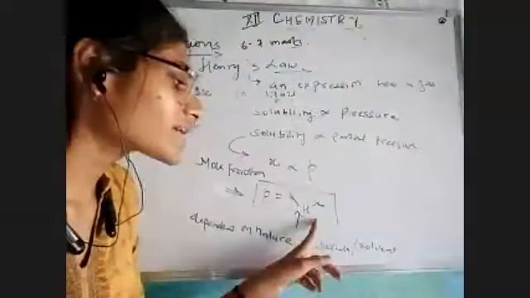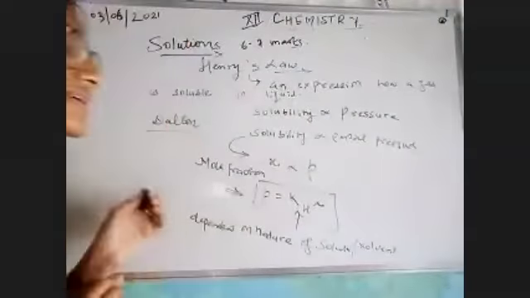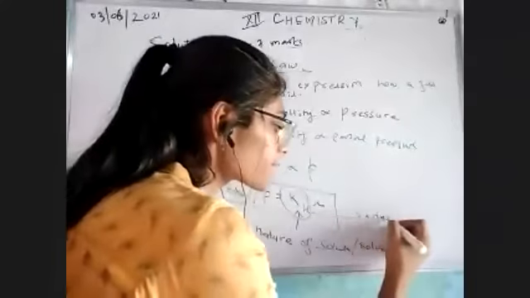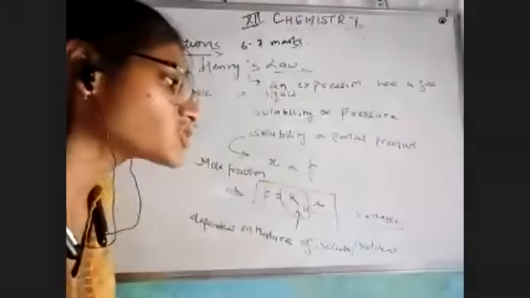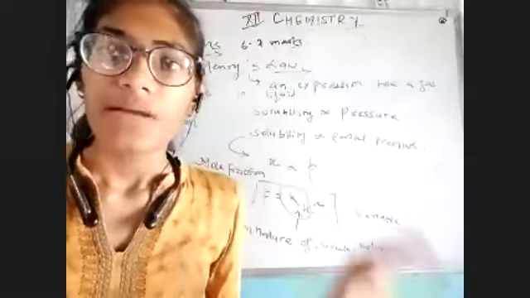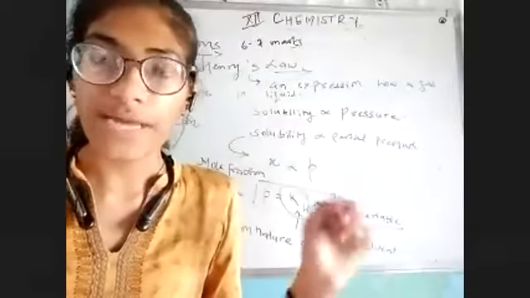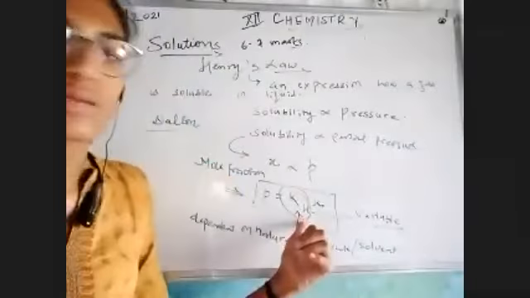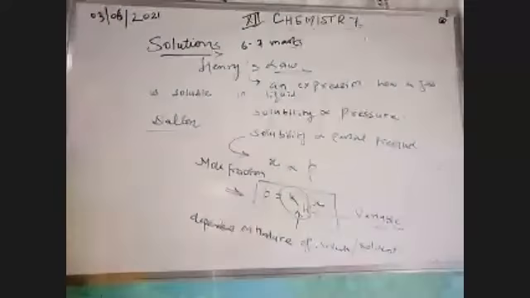It is variable, it's not a constant. The value of KH keeps changing due to the change in nature of solute or solvent. But the best point is, if you get any numerical on it, you would be given the KH value. All right. So this was Henry's law.